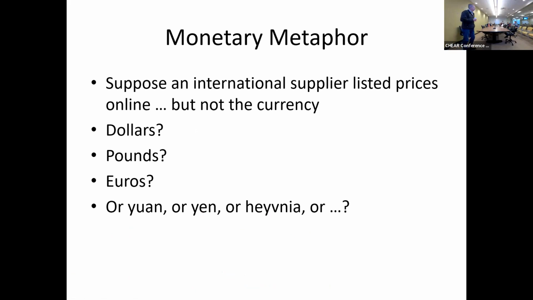Well, you might infer that if it's an American company, but maybe it's in pounds or euros or yuan or some other unspecified currency. The price is just 20. Do you want to buy it? Maybe it's in Bitcoin. Then it's really fluctuating. That's the metaphor I want you to keep in mind when we're talking about odds ratios. You don't know the currency after running a logistic regression.